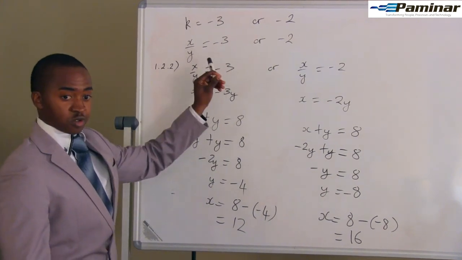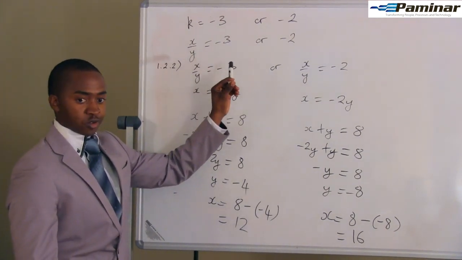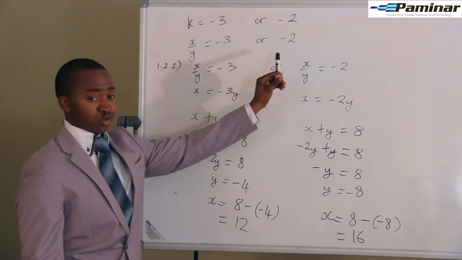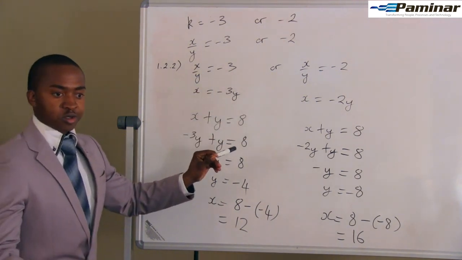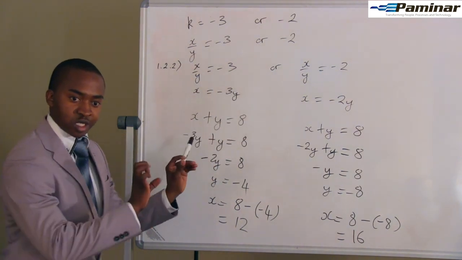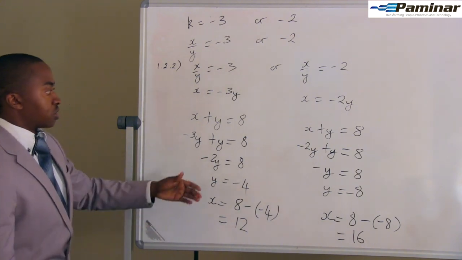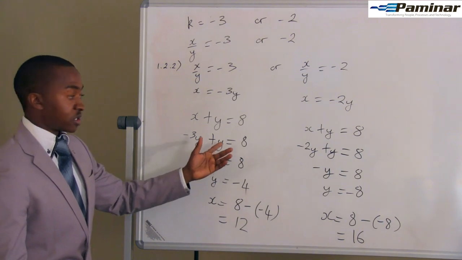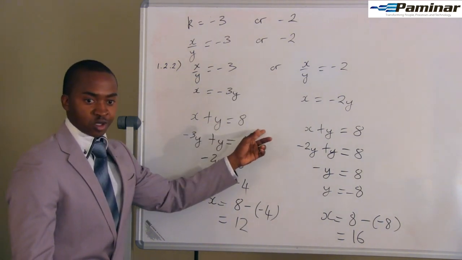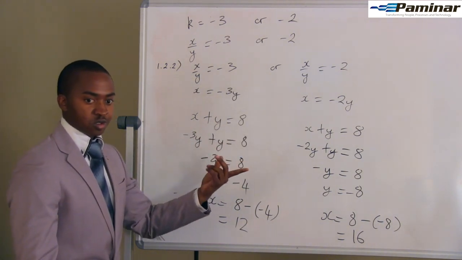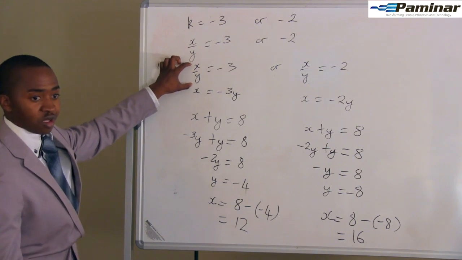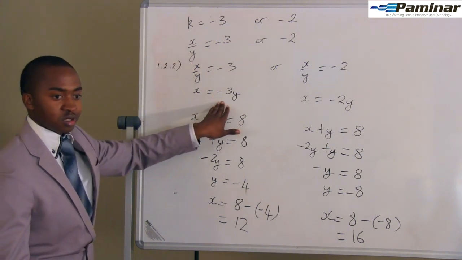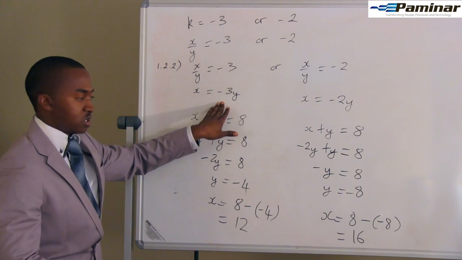So from the previous question, we got x over y is equal to negative 3 and x over y is equal to negative 2. We're trying to do the whole substitution of simultaneous equations per se. So we want to use that method, but for us to use that method, we need variables of x only or variables of y only. So they give us a second equation to use. Based on what we have there, we need to try get x to stand alone or y to stand alone.